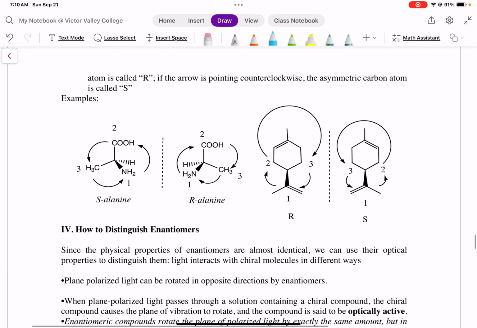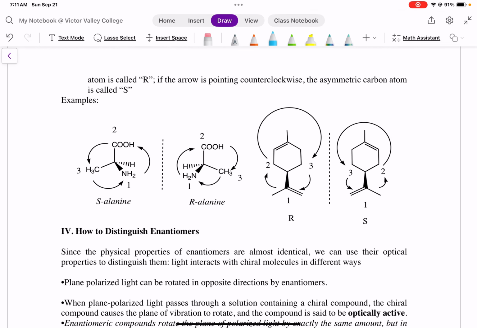Okay. And here's what I mean. So you got nitrogen is number 1 because atomic number is 7. Carbon atomic number 6. Now this carbon is number 2 because it has oxygens. This carbon is number 3 because it's only by itself. Okay, so 1, 2, 3, and hydrogen is the last one.